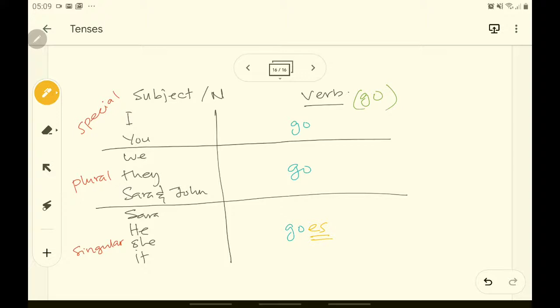So the rule here is that if the subject is in singular form, you have to make some addition to your verb. If go, then it becomes goes.